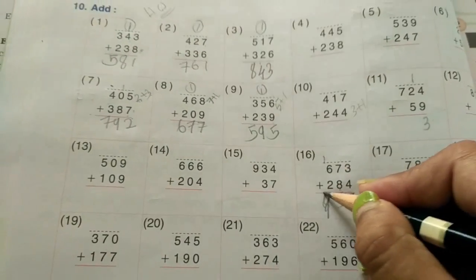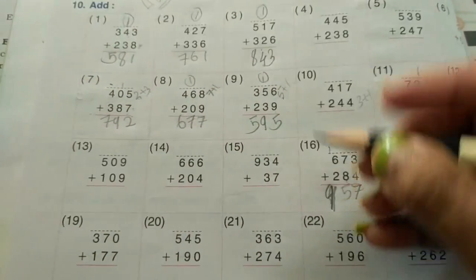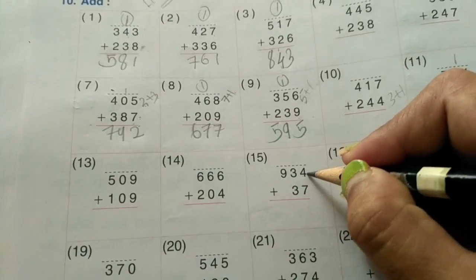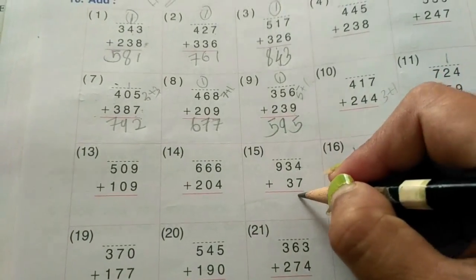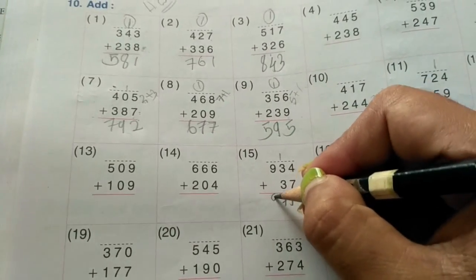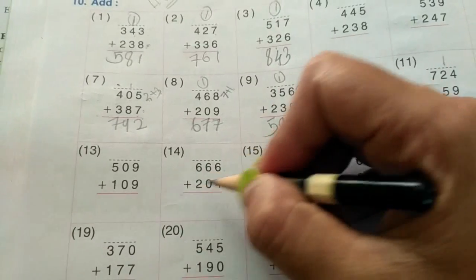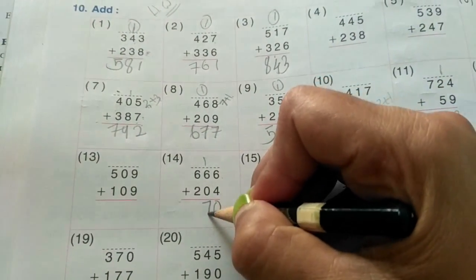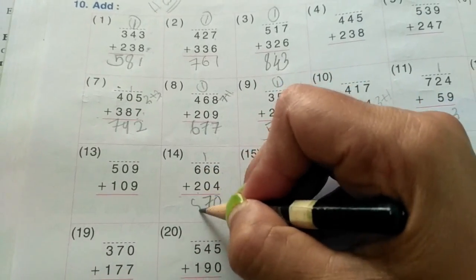Okay, here is a 9, sorry. Now 4 plus 7, 7 plus 3, 10 plus 1, 11, 1. 3 plus 3, 6 plus 1, 7 and 9. 6 plus 4, 10, 0, carry 1. 6 plus 1, 7, 6, 7, 8.